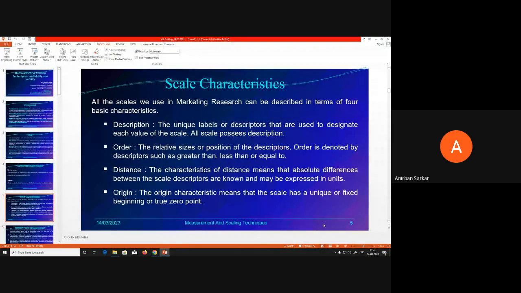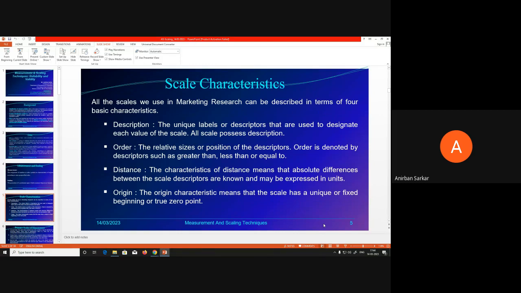So this scale characteristics is clear: description, order, distance, and origin. Nominal scale data will have description. Ordinal scale data will have both description and order. Interval scale data will have distance, order, and description. And ratio scale data will have origin, distance, order, and description.